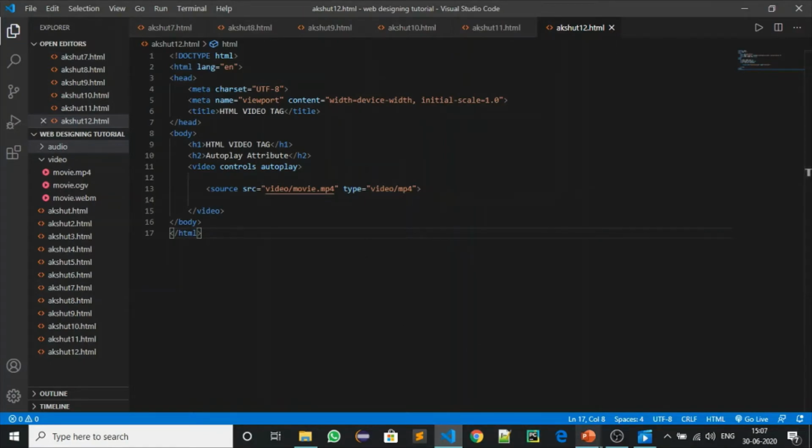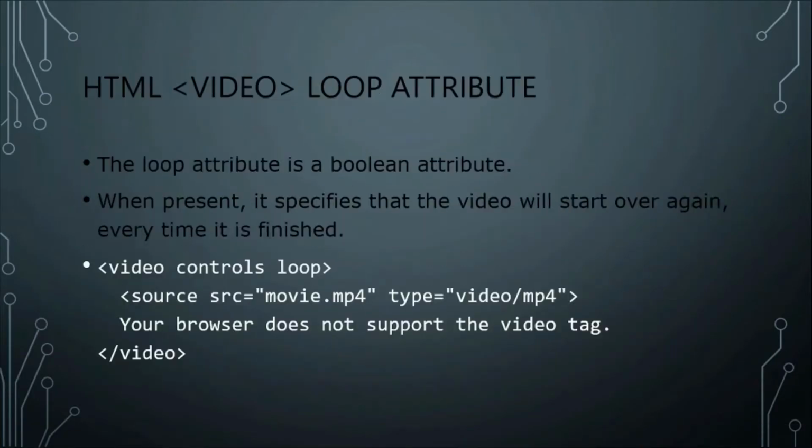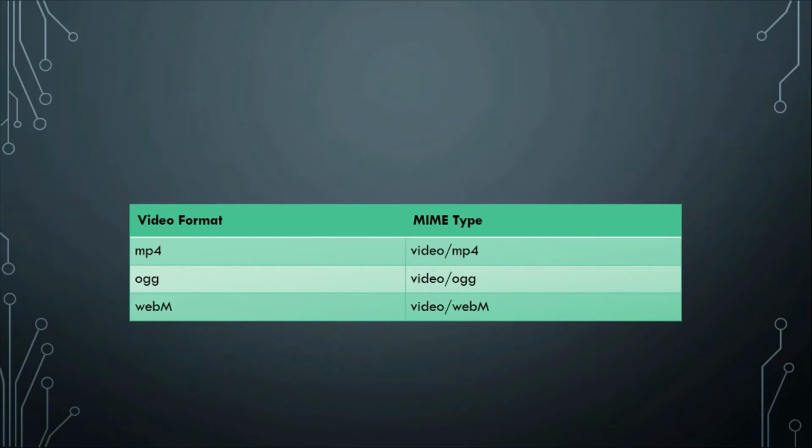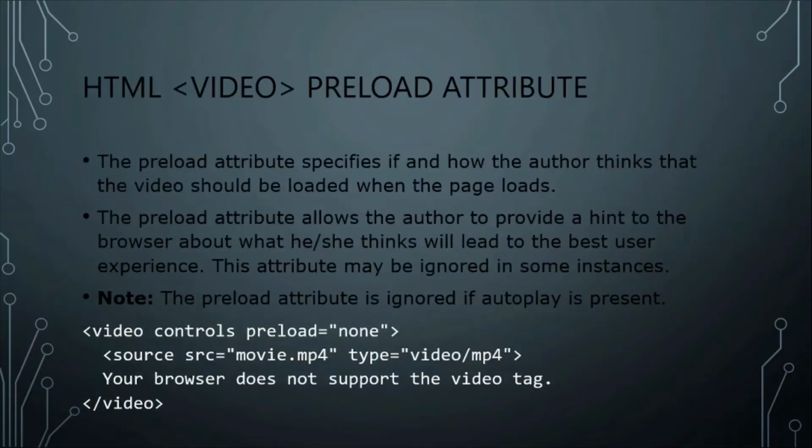Let me show you the table also for it. Here it is at the last. So for MP4, we write video slash MP4. For OGV, we write video slash OGV, and for WebM we write video slash WebM.